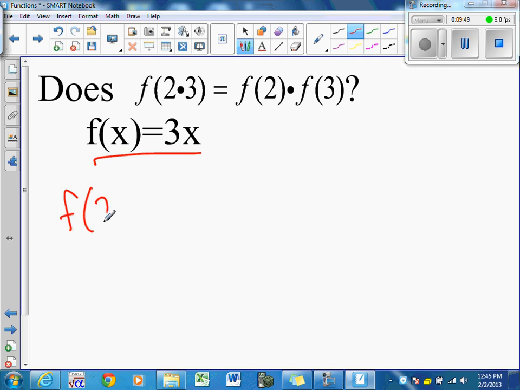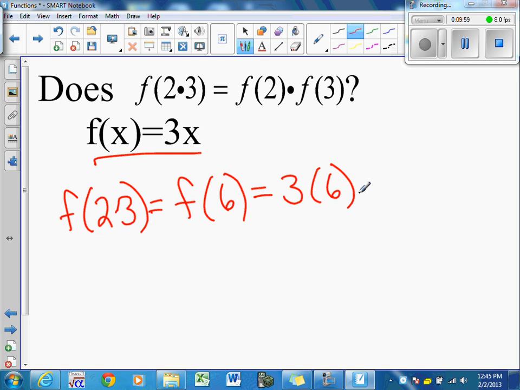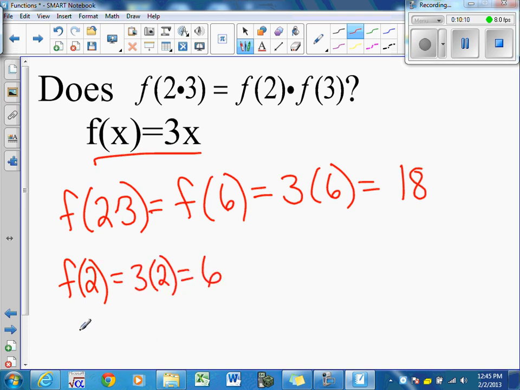Well, let's find f of 2 times 3, which is f of 6. 3 times 6 is 18. f of 2 is 3 times 2, which is 6.